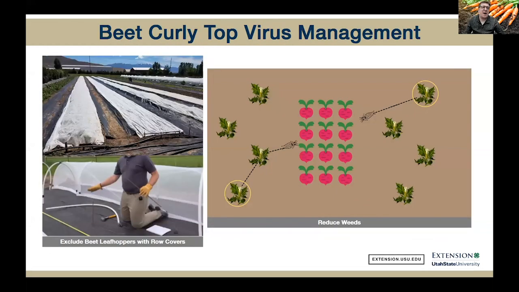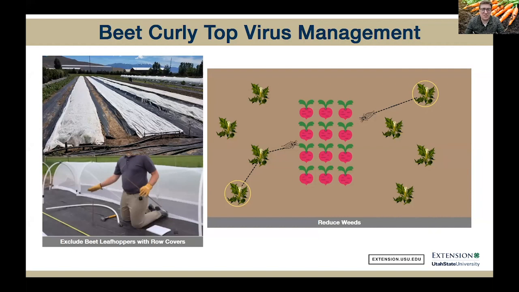When we talk about managing beet curly top virus, what we're really doing is managing the beet leafhoppers, because they're the ones causing the problems. It's super hard to manage, but I usually suggest planting a little later, after that leafhopper migration. Even that's kind of hard to determine, especially depending on where you live and what the weather's like that season.